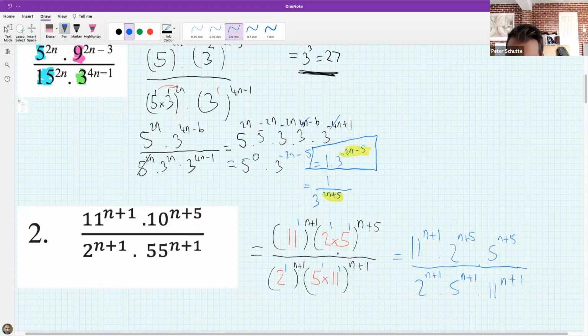Okay, so one of the things that I wasn't doing earlier, but you can do, and it will save you time, is if you recognize early enough in the question that 11 to the n plus 1 on the top and 11 to the n plus 1 on the bottom, anything over itself is 1.